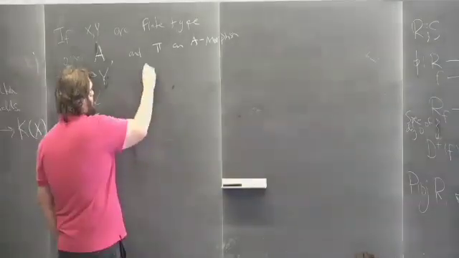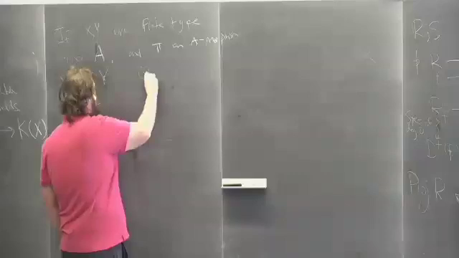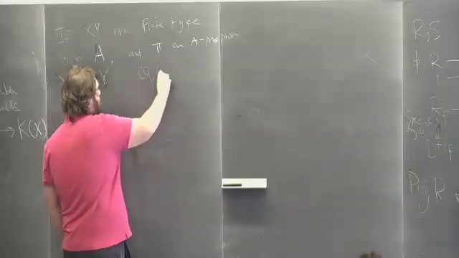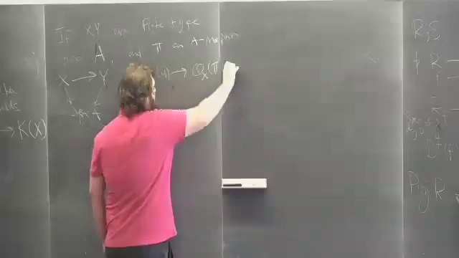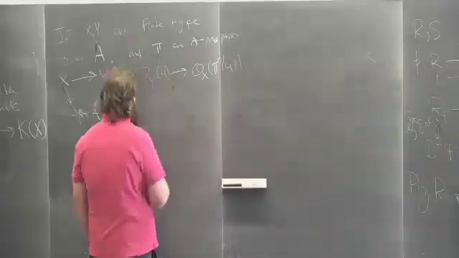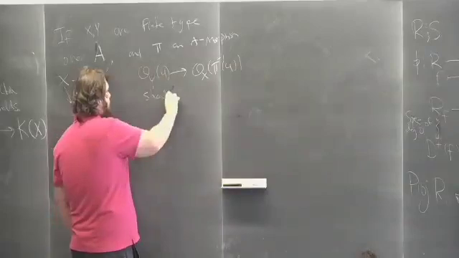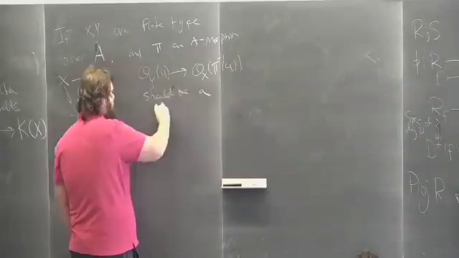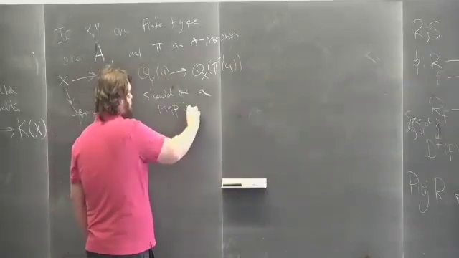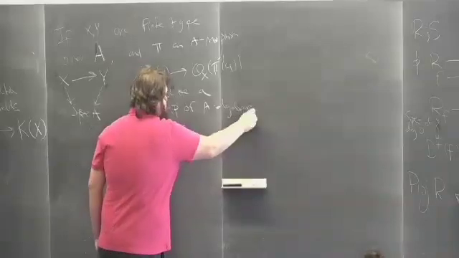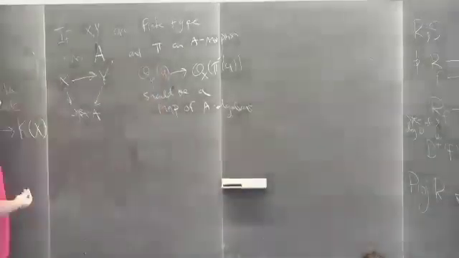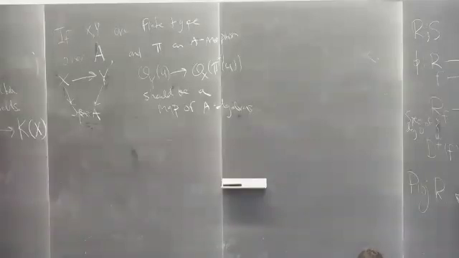I'll even say that. So if I look at O_Y(U), that maps into O_X(phi inverse of U). It should be a map of A-algebras. So this is what I mean by being a scheme over Spec A: it is the scheme version of being an A-algebra, sort of the scheme analog of that.